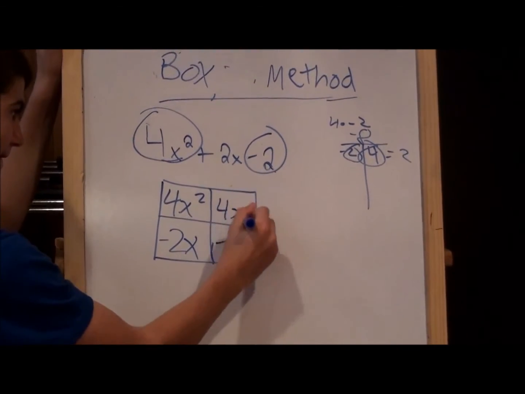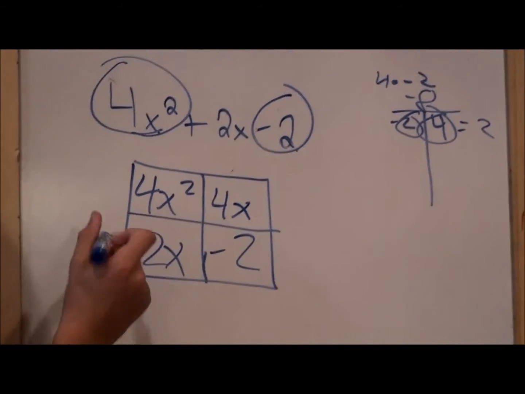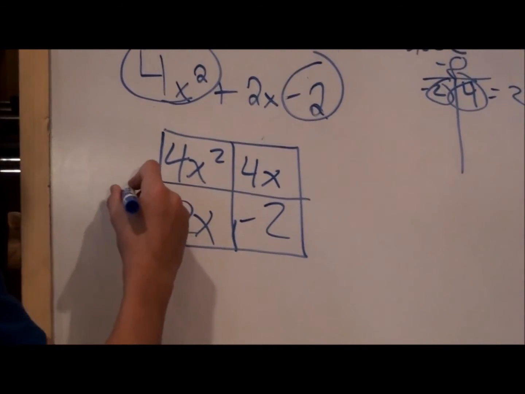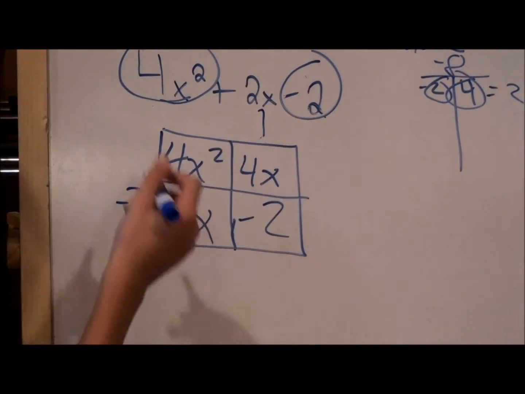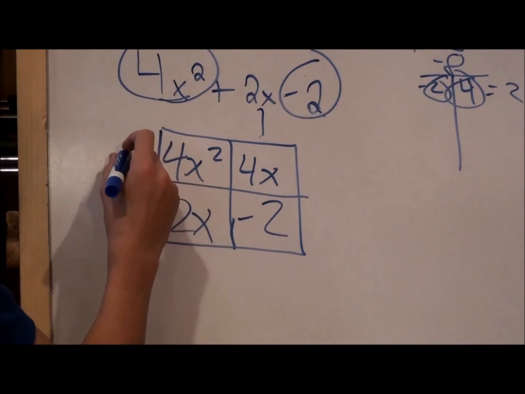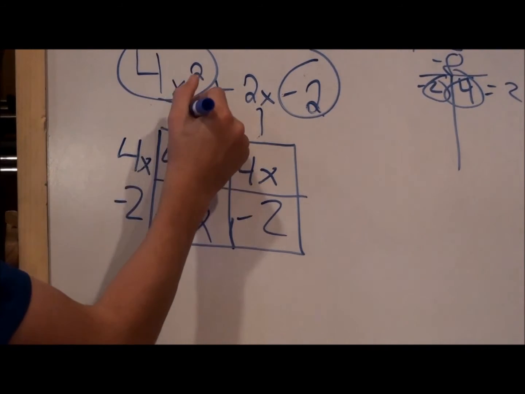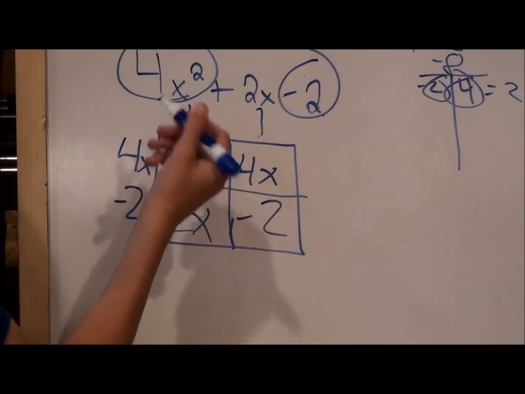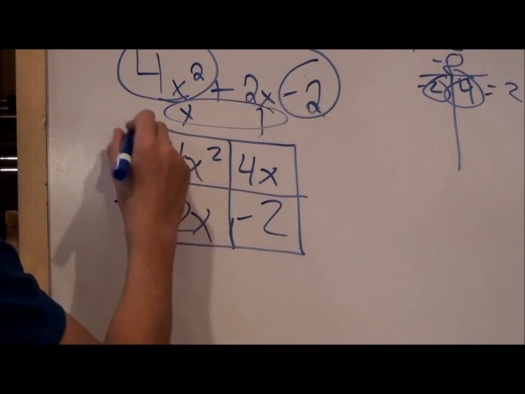Then what you do is you find what these have in common. So these have -2 in common, and this has just 1. These have 4 in common, 4x, and this has x in common. And so, then, you have your two factors.